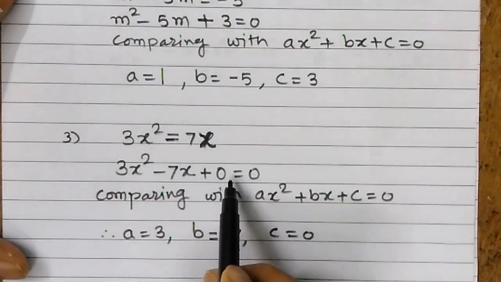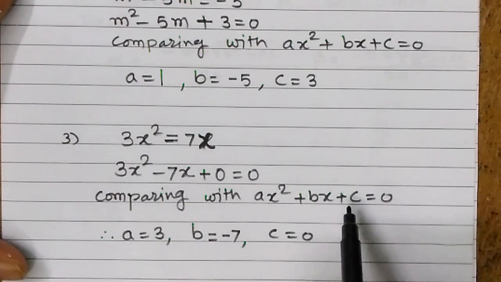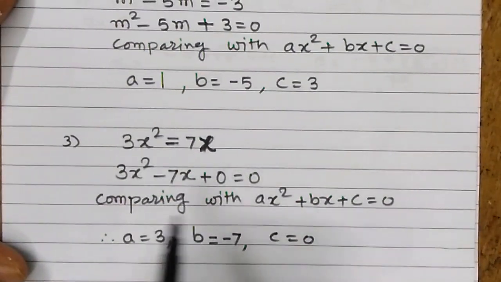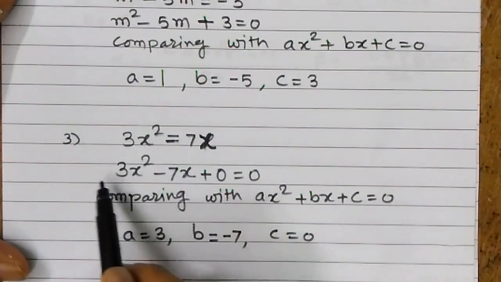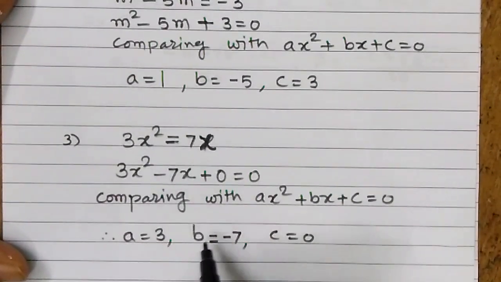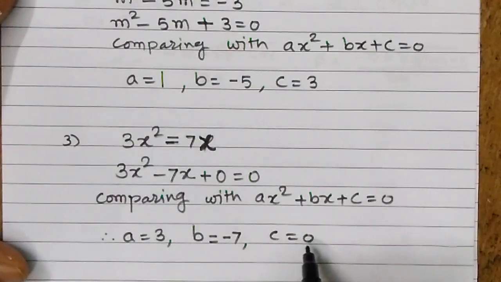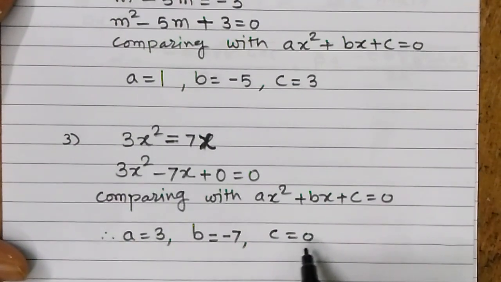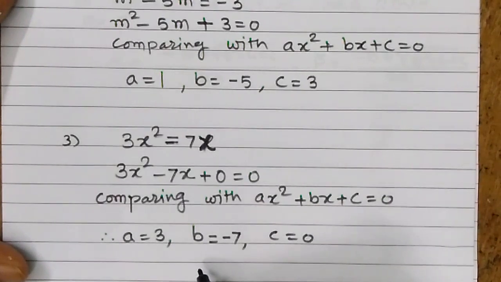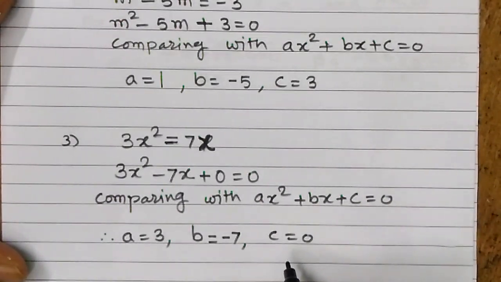Now compare this equation with the standard form ax square plus bx plus c is equal to 0. So the value of a is plus 3, the value of b is minus 7 and the constant c is 0. In this way we have to find out the values of a, b, c. Now we are practicing some examples like this.